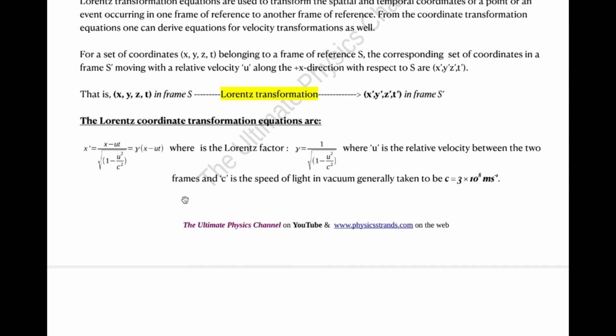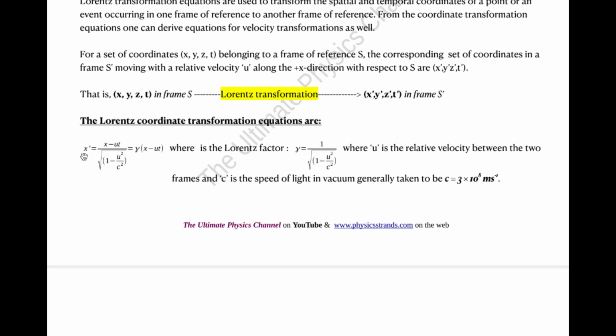Now the actual equations are x prime is equal to x minus ut over square root of 1 minus u squared over c squared. We know that 1 over square root of 1 minus u squared over c squared is equal to gamma. That's a Lorentz factor in special relativity. So you have gamma times x minus ut as a shortened form of this equation.